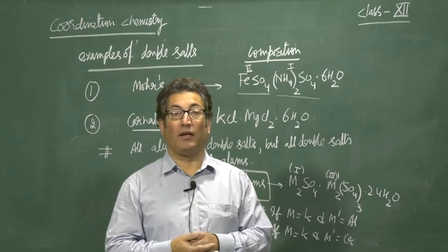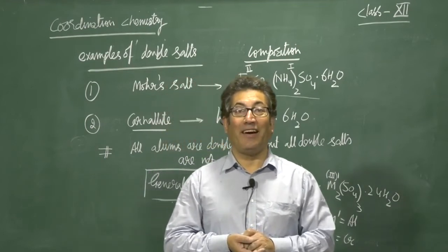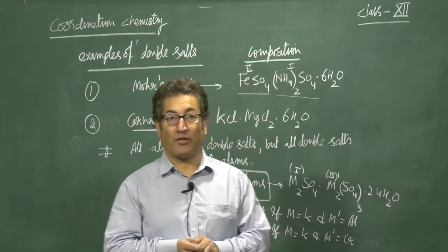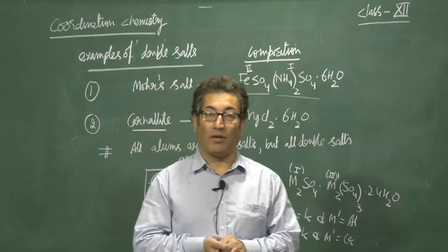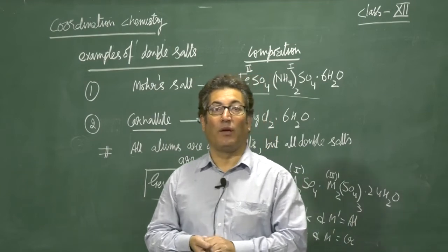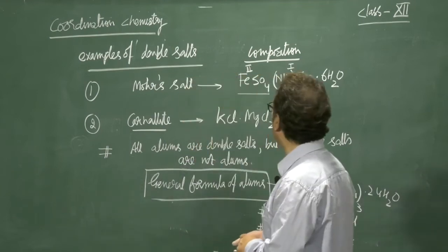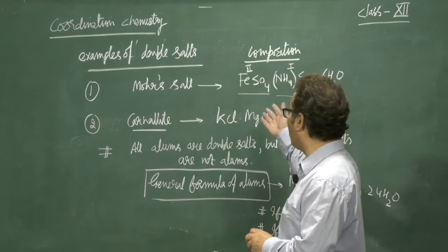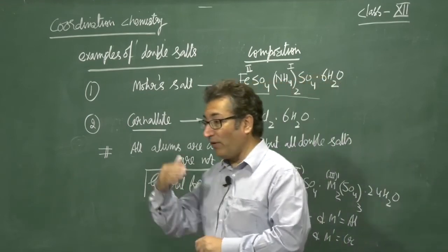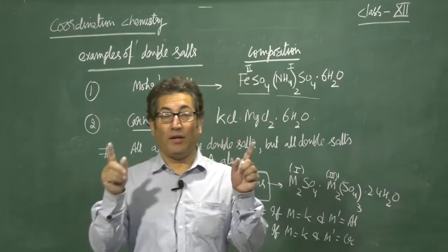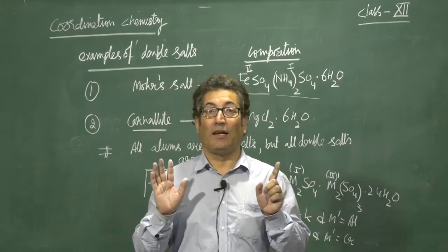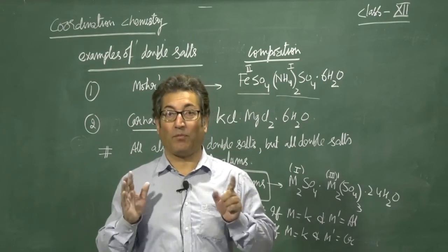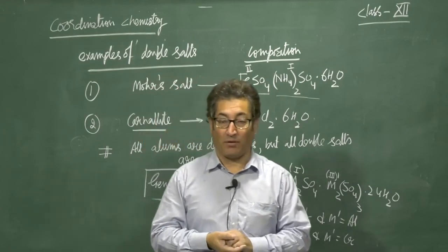For that I gave you the idea of a general category of compounds called addition compounds or molecular compounds, and one of the categories of those is coordination compounds, and the second one is double salt. So what we'll be doing ahead is taking up only the study of coordination compounds.